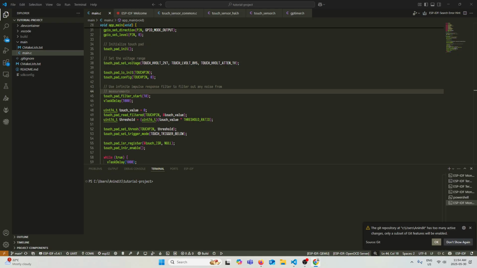And if you exceed that effective measurement range, then you'll get some scaling. Okay.